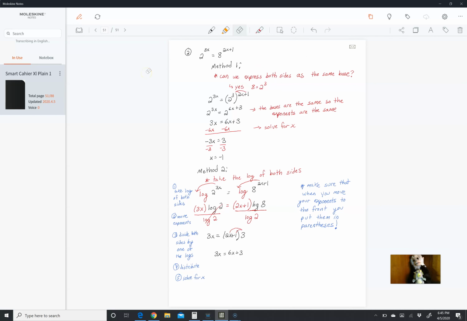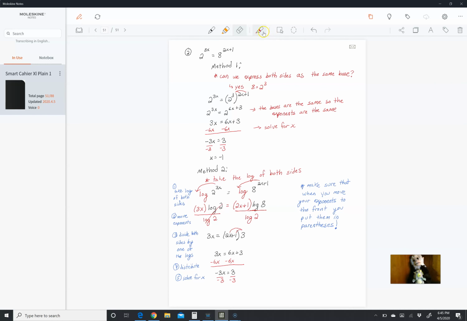We subtract 6x from both sides. This is just a repeat. That gives us negative 3x equals 3. Divide both sides by negative 3, and we get x equals negative 1. So same thing as above.